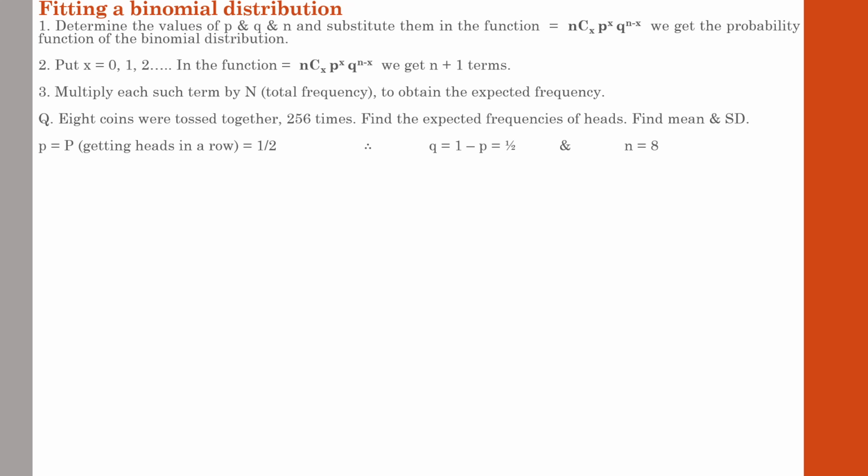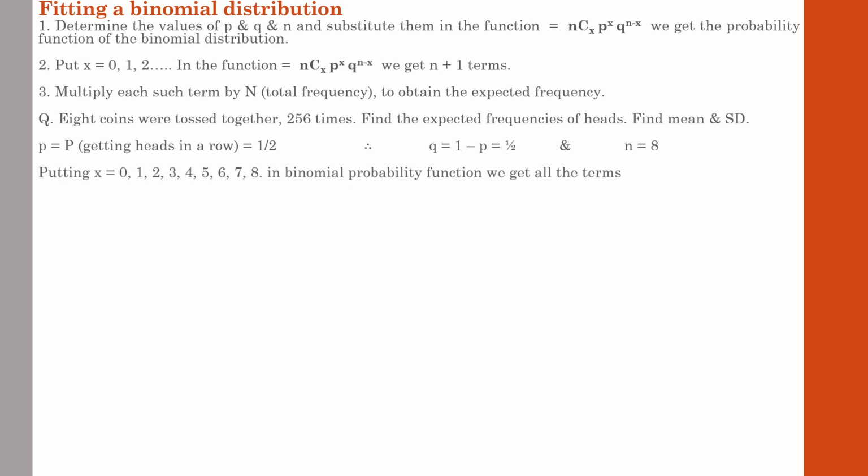Remember, apart from that, there is one more event also. If you have thrown 8 coins simultaneously, you may not get any of the coins as head. So you need to find the probability of each of the individual items. For that we will be using binomial distribution, and on the basis of that you have to find the expected frequencies.